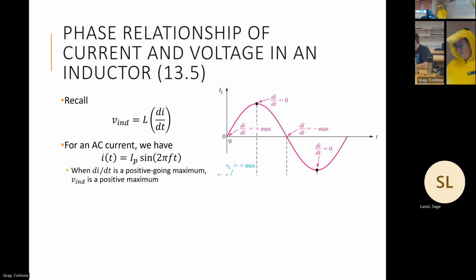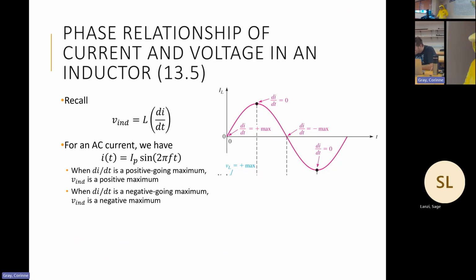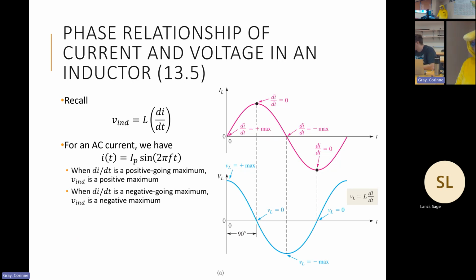So when di over dt is a positive going maximum, the voltage across the inductor is also a positive maximum. If it's a negative going maximum, it's a negative maximum. It is just the sine or the cosine for it.